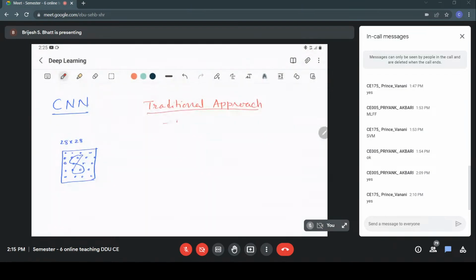So now in our context, the traditional approach is MLFF or SVM. I use the word traditional to refer to this kind of model. So what we do is we draw a multi-layered feed-forward neural network with a hidden layer and some output layer.